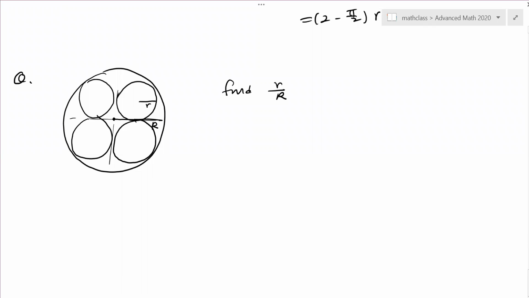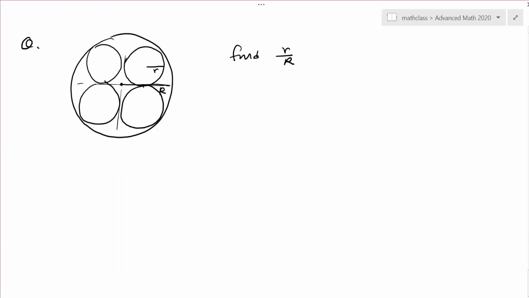So you have a larger circle, inside it 4 small circles. Why do we have to solve this problem? Think about that. If you have a cable, and inside the cable you put 4 smaller cables, you bond them together, and you really want to know the ratio to the larger cable.